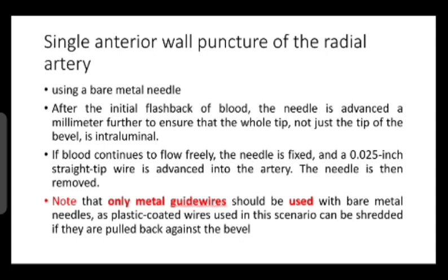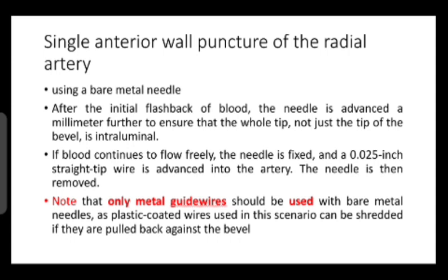Single anterior wall puncture of the radial artery using a bare metal needle. With initial flashback of blood, the needle is advanced a millimeter further to ensure that the whole bevel, and not just the tip, is intraluminal.